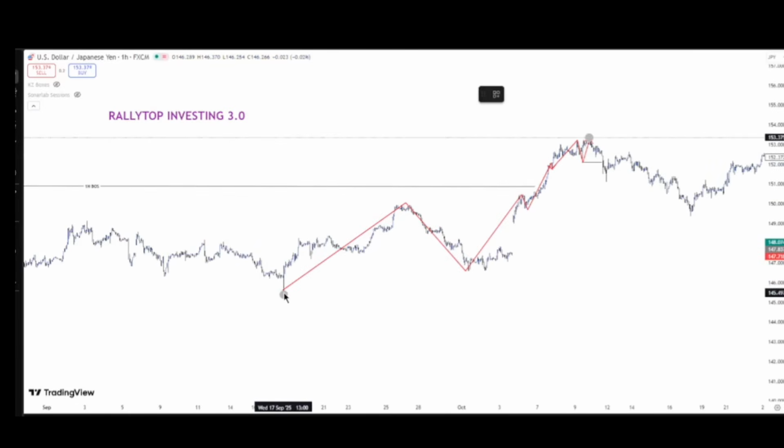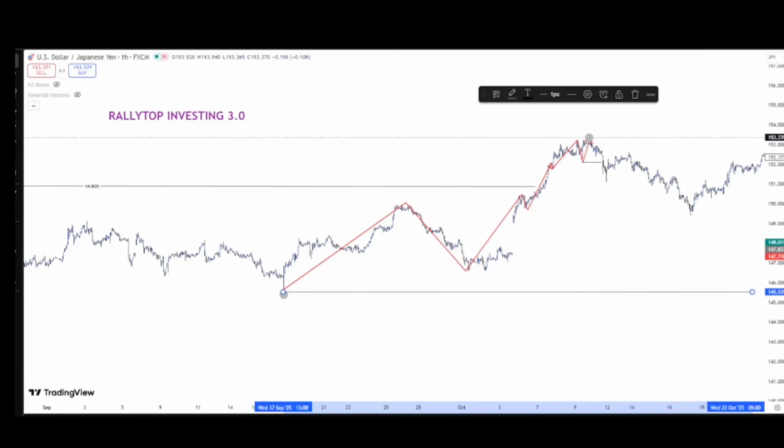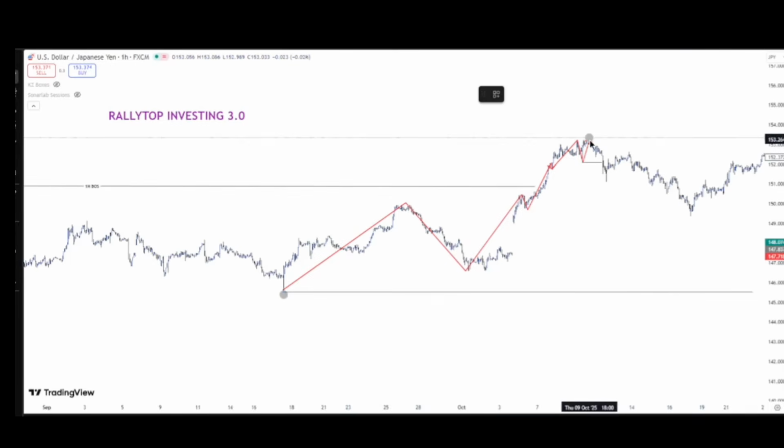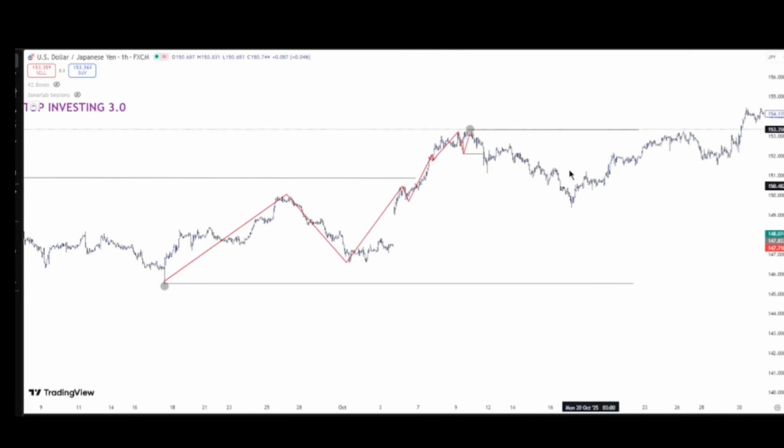This is your range low right here, and here is your range high right about this point. So that is your trading range. So this drop that you are seeing here is merely a retracement to come and mitigate something within this range high and range low.